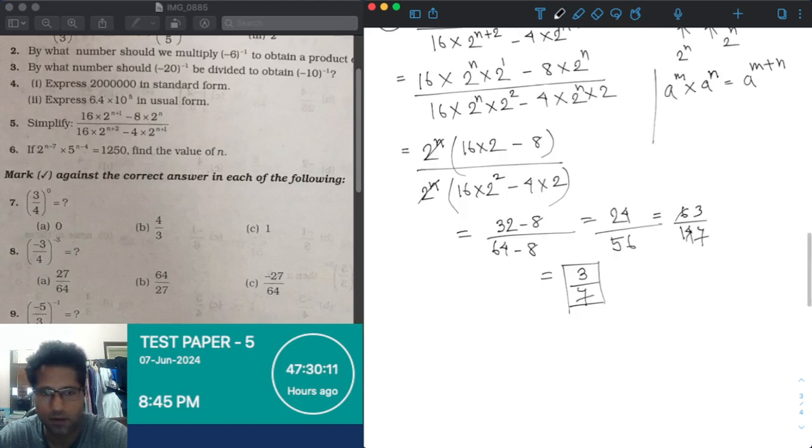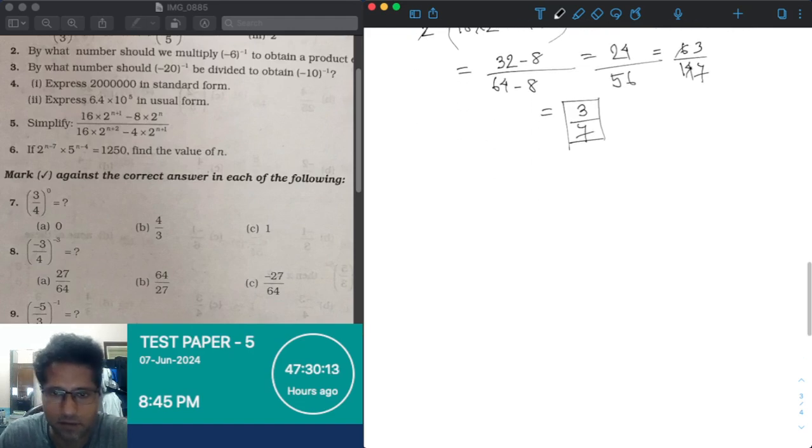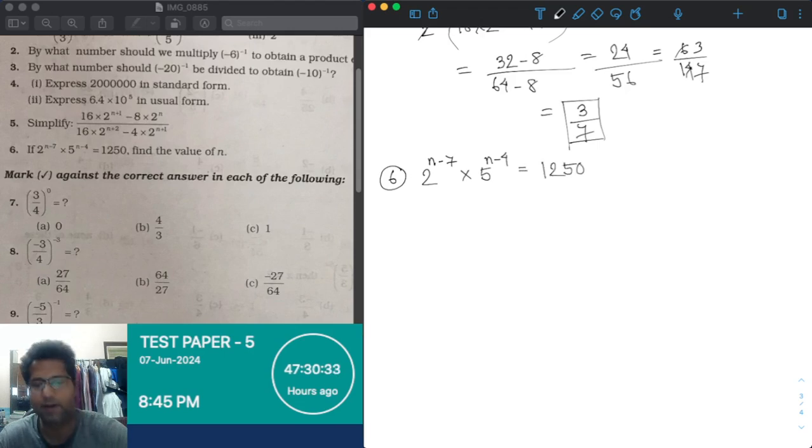Okay, 5 is done. 6 is solving for the unknown. It is given 2 to the power n minus 7 multiplied by 5 raised to the power n minus 4 equals 1250. Then find n.